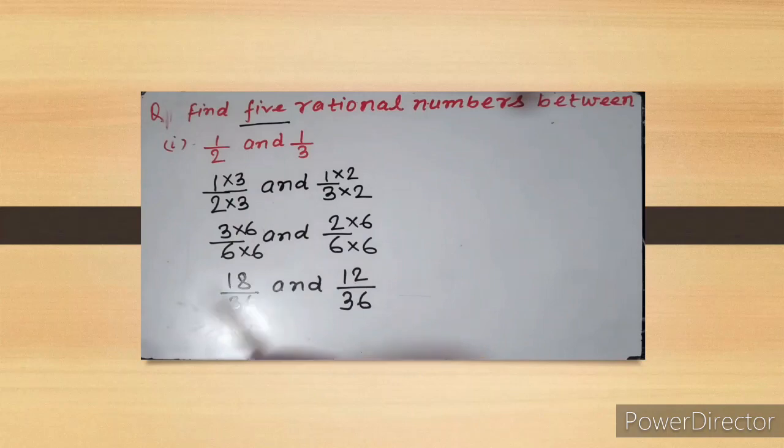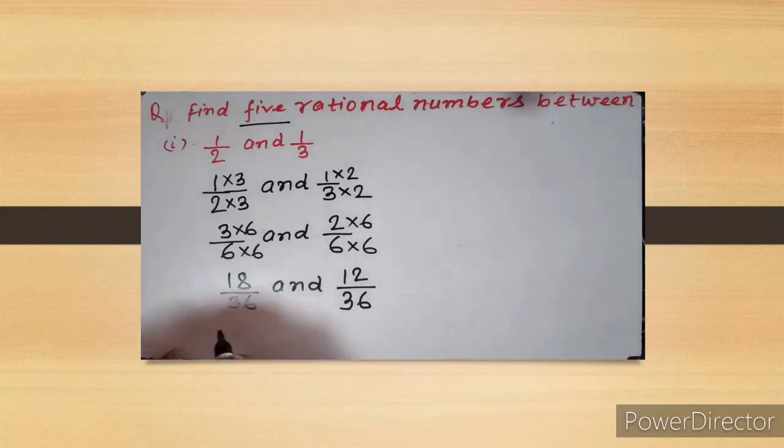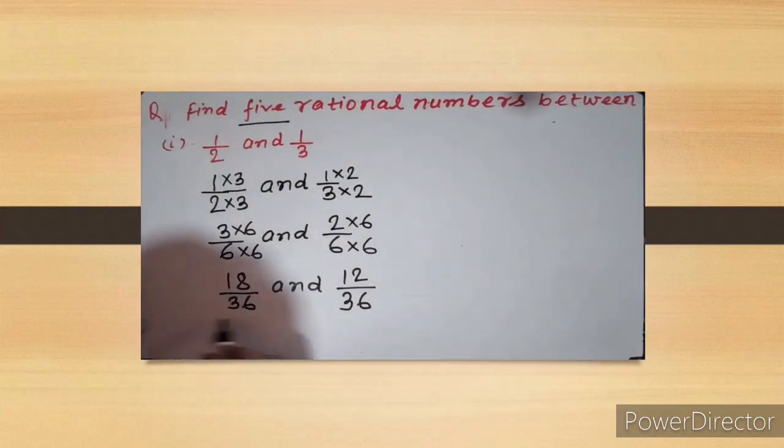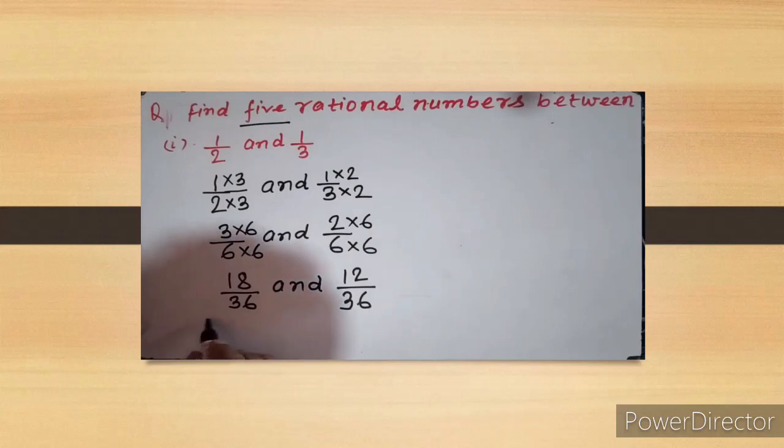So between 12 and 18, you can see what is the number between 12 and 18. 13, 14, 15, 16, 17. So you will write the five rational numbers.